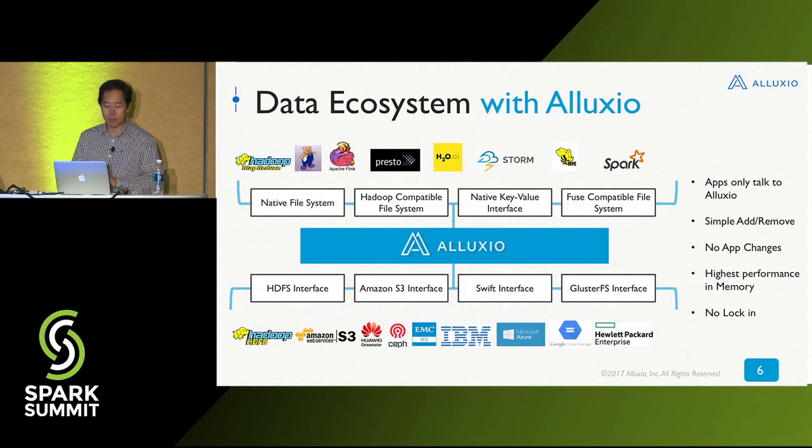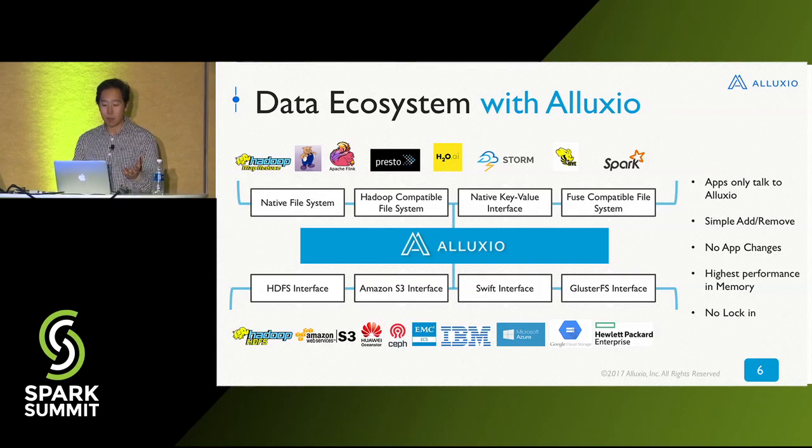Alluxio is this storage layer between the existing storage and the computation application frameworks. And Alluxio provides this unified namespace and API for applications to use. And then you can essentially mount different storage systems that you may have into the Alluxio namespace.